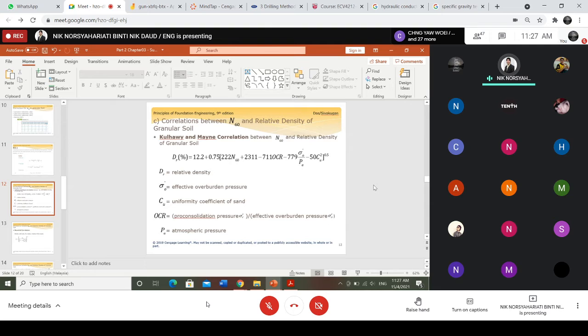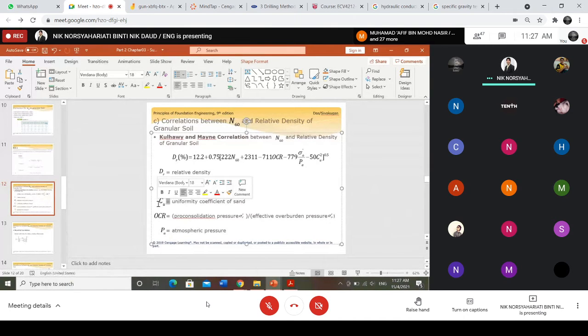And then for the details, depending on the condition of your site, there is the uniformity coefficient of sand, which you get from the particle size distribution test, right?